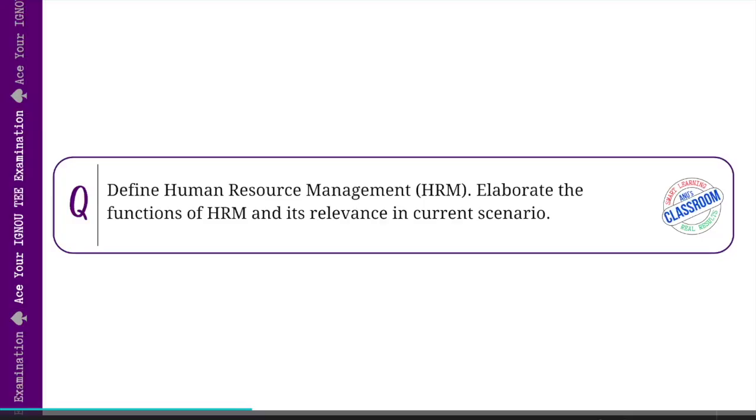And then compensation and benefits. It is also a function of HRM. It keeps your employees motivated because, let's be honest here, free coffee is definitely great, but fair pay is what keeps people happy. Coming to employee relations, another function of HRM, it builds a positive work culture. There is less drama and more teamwork with employee relations.